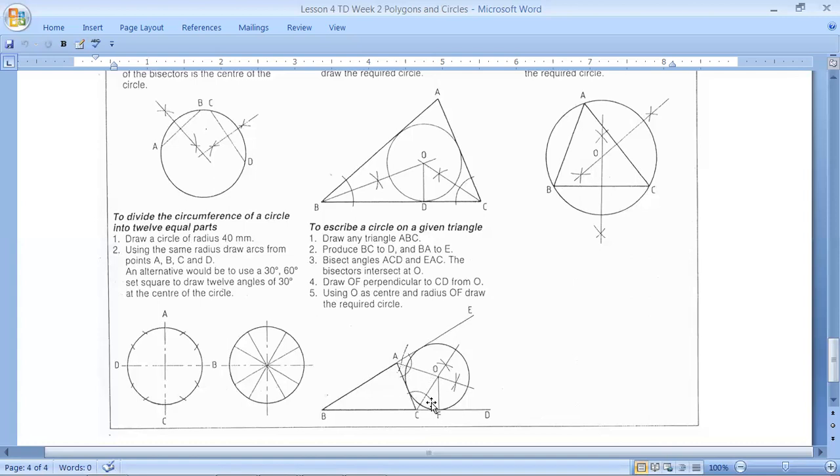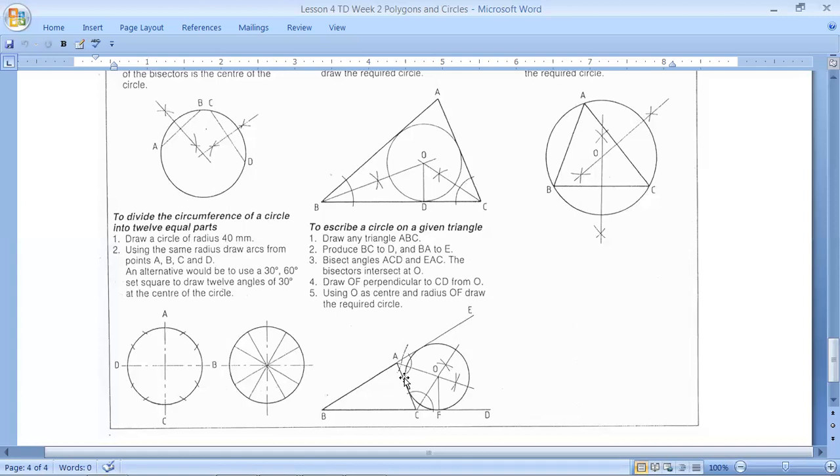Bisect this other angle to get this bisector line. The intersection of the two bisector lines, this intersection, that's where we're going to place the needle of the compass, touching this face, and you will be able to draw the circle, describing the circle beside the triangle.